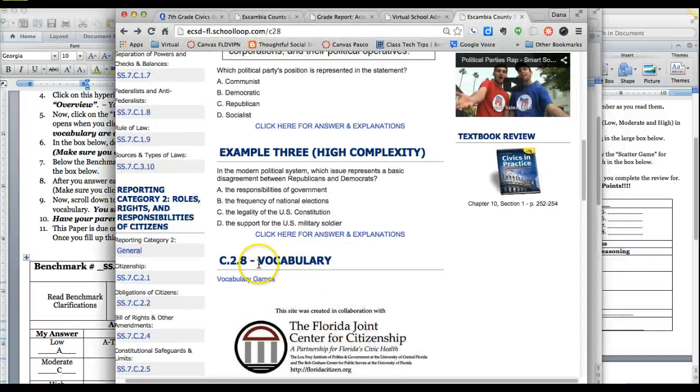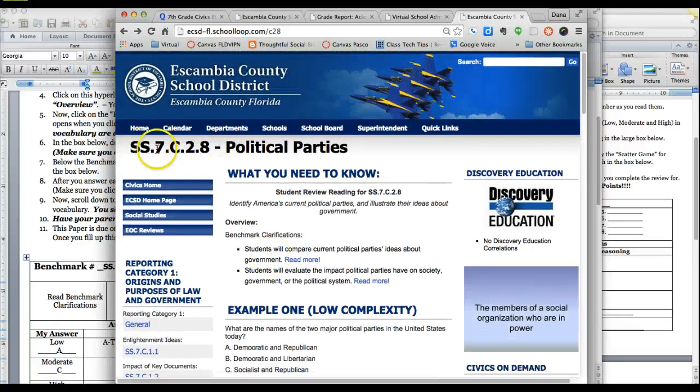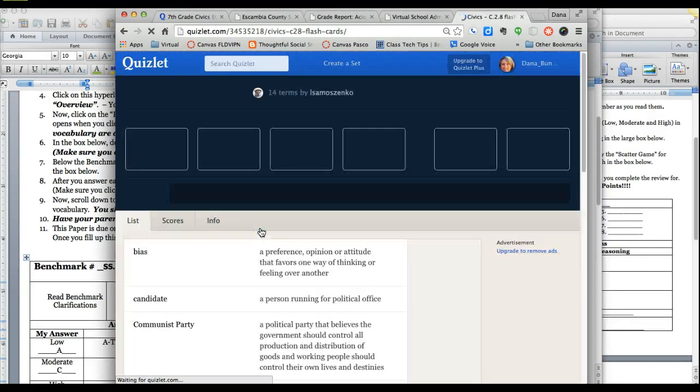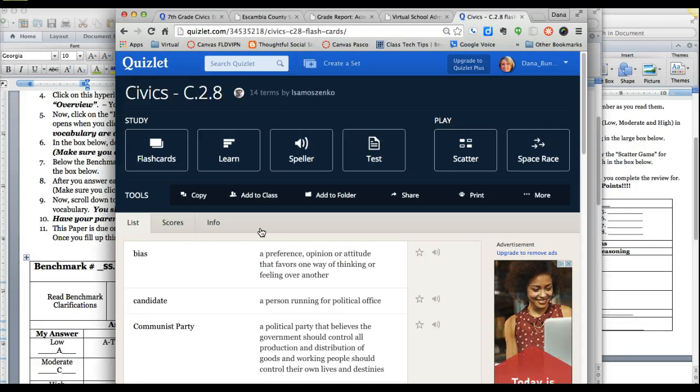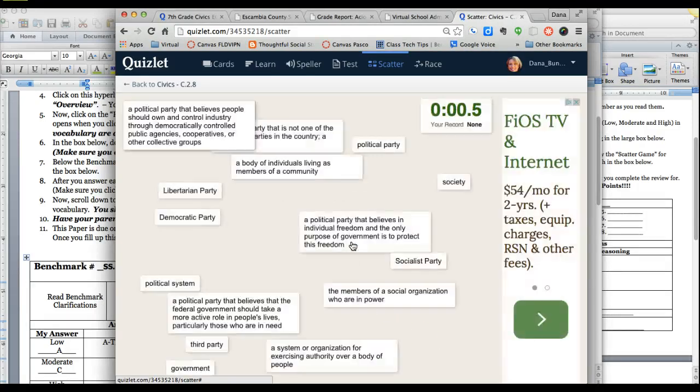Right down here where it says vocabulary, this is the vocabulary just for this benchmark that we're working on now, this political parties one. You would click on vocabulary game, and it said to click on scatter, okay? So you would click on scatter, you would start game, and then see it's recording my time, it's going fast.